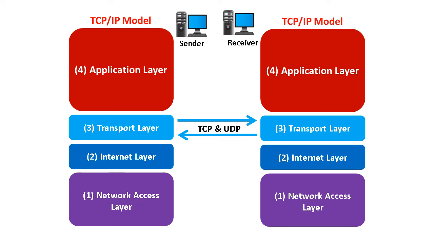It decides which type of protocol will be used at the transport layer for transmission of the data packets. If reliable delivery of data is needed, then it will use TCP. TCP will be used for reliable transmission of data. UDP is used if fast delivery is required without much reliability.